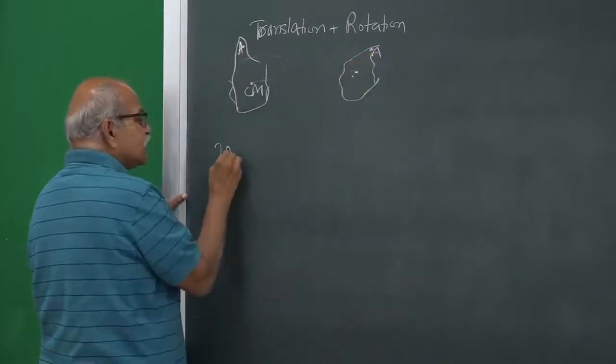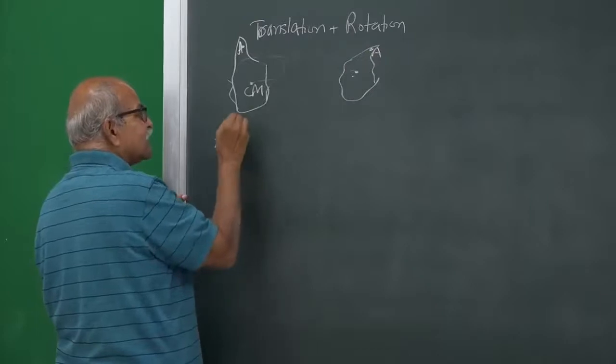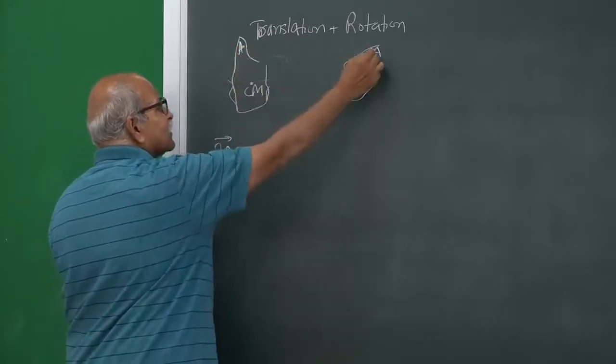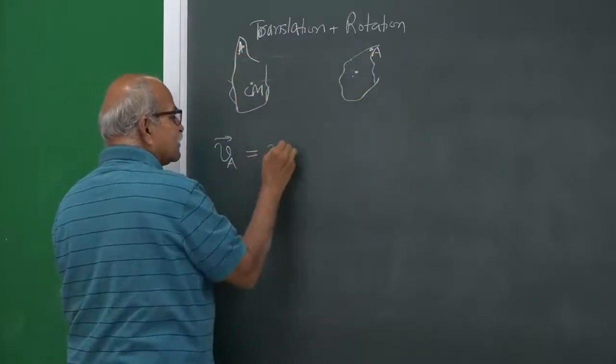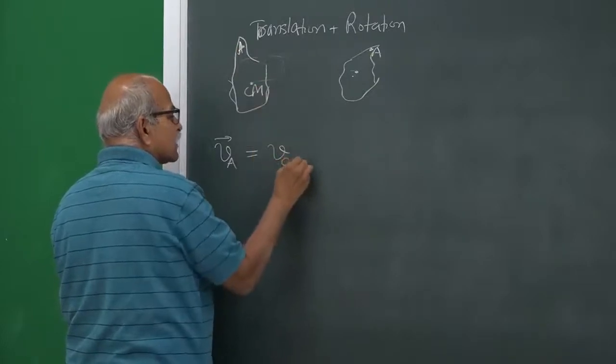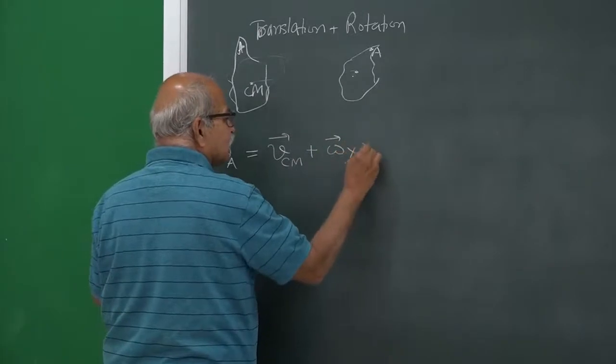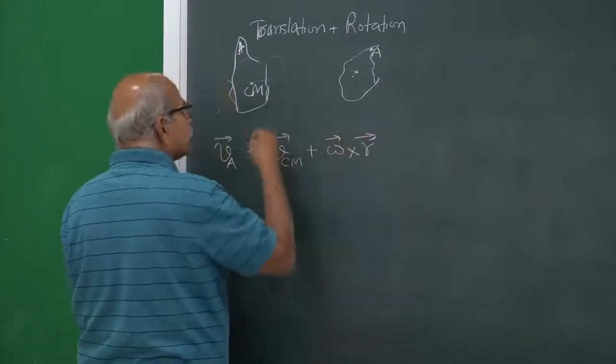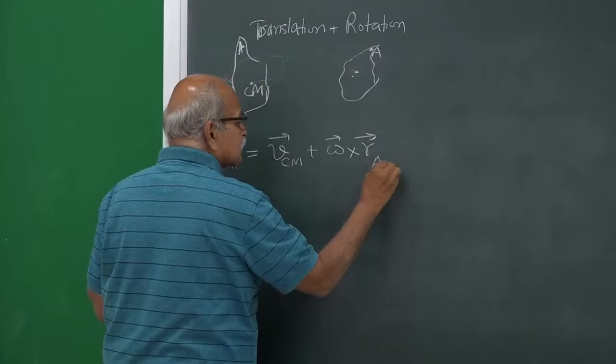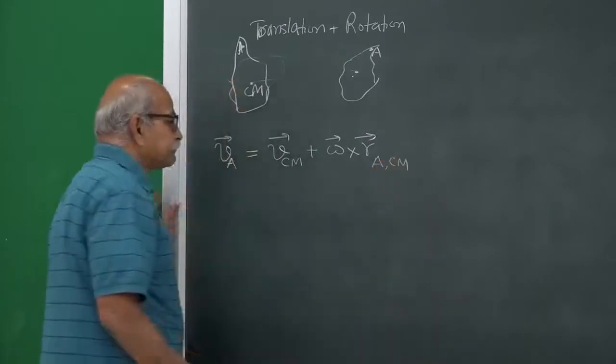So, the velocity of this point at any time can be written as the velocity of the center of mass plus omega cross the position vector of this particle with respect to that center of mass frame.